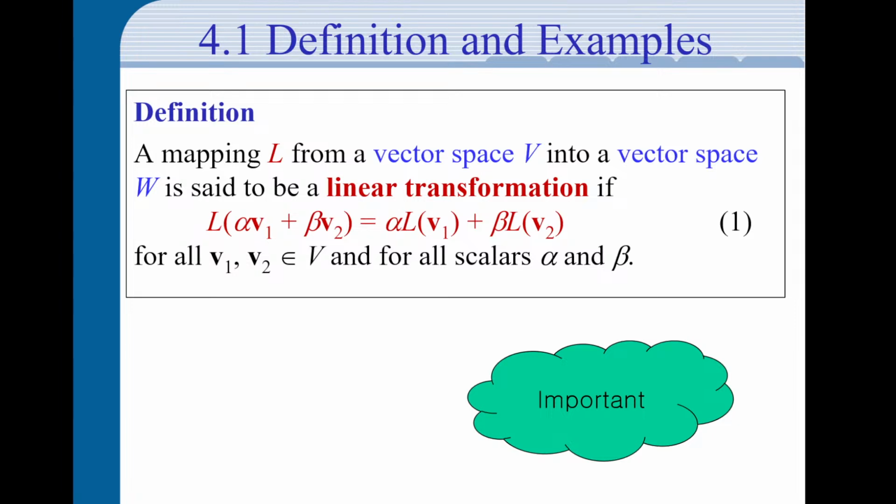Also, 2 and 3 together show it's linear in the second argument too. So that's an inner product, and a vector space with an inner product is called an inner product space. Not every vector space is an inner product space, but anyway.